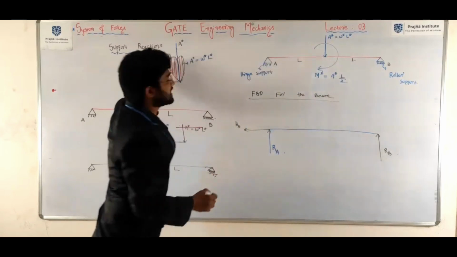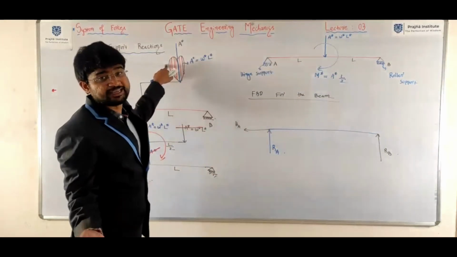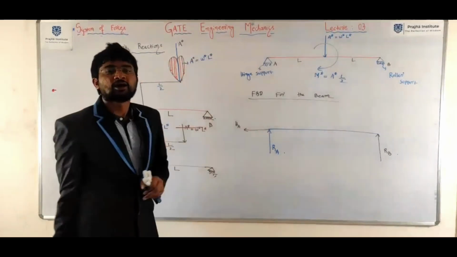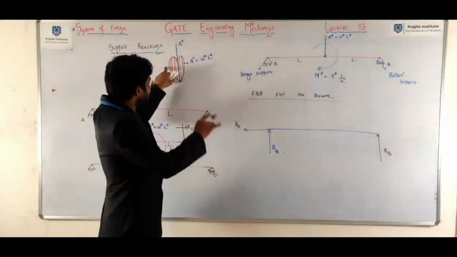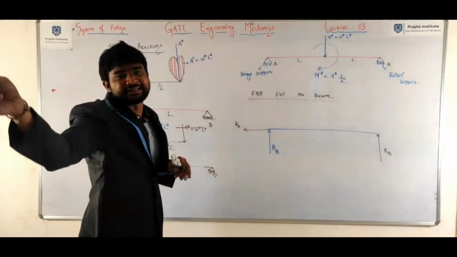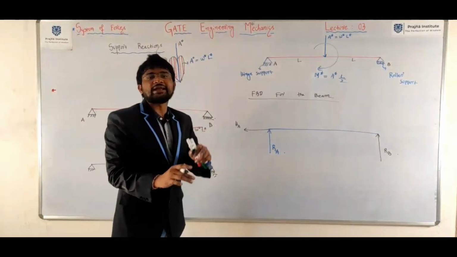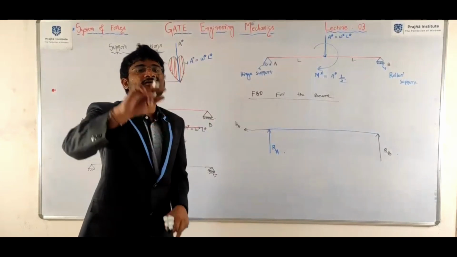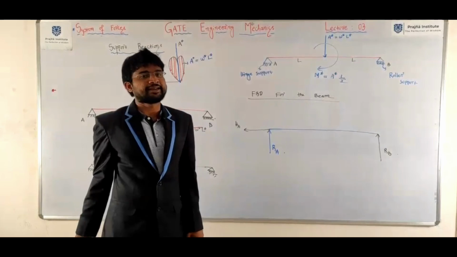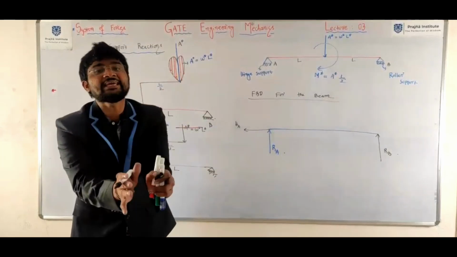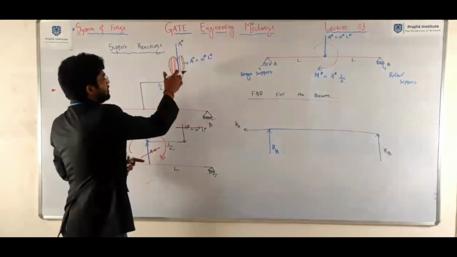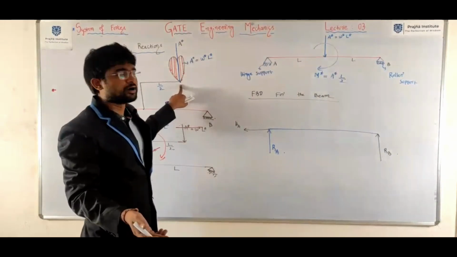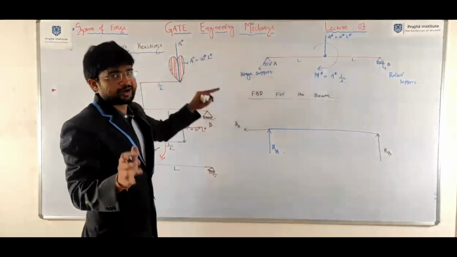Why I gave this now? Sometimes some variable conditions will be given. How to determine area of that particular cross section, that part I will cover in the engineering mathematics. How to calculate area of the section by using double integral, that part I will cover in the engineering mathematics course. Total area we need to replace at the centroid. Then you can convert variable loading into point load.